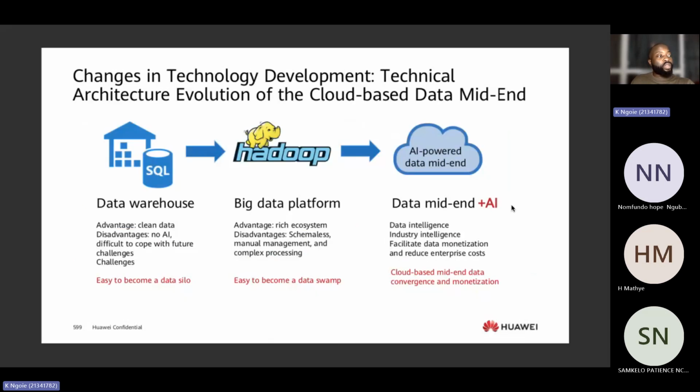We spoke about Hadoop. When we talk about the big data framework of Huawei, the way it works with MRS, it works together with other frameworks, so you can integrate other frameworks.